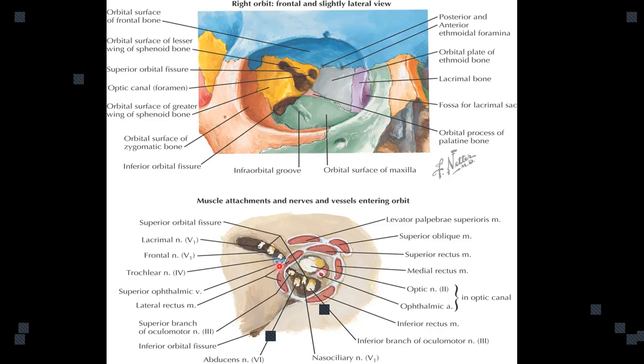The superior ophthalmic vein also passes outside the common tendinous ring. So as an assignment, go and find out which artery will pass through the superior orbital fissure, somewhere here where my pointer is. It will be outside the common tendinous ring. Which artery? Find out that.